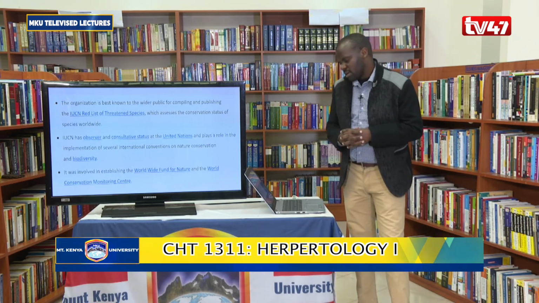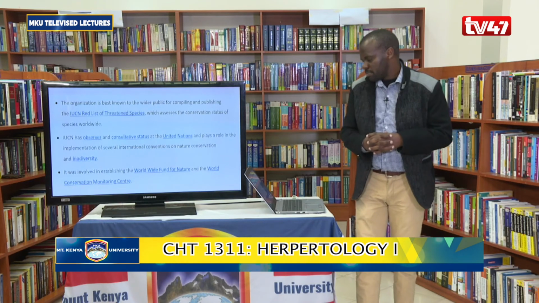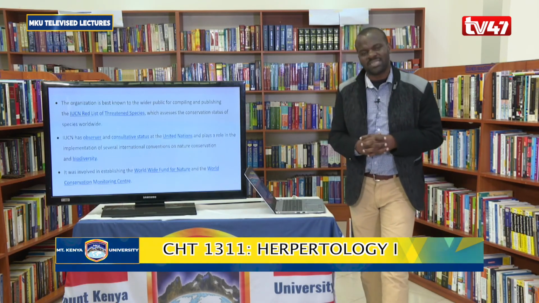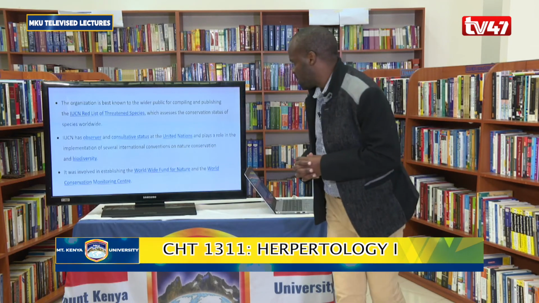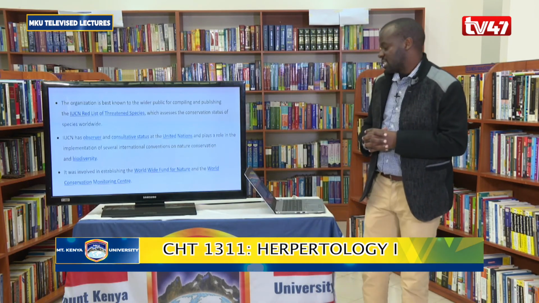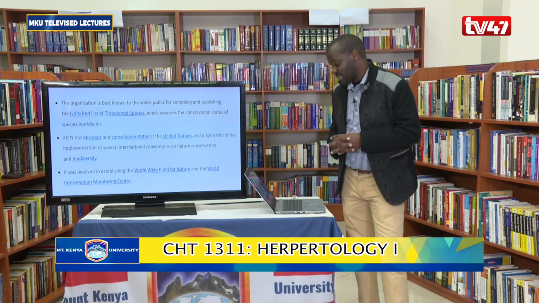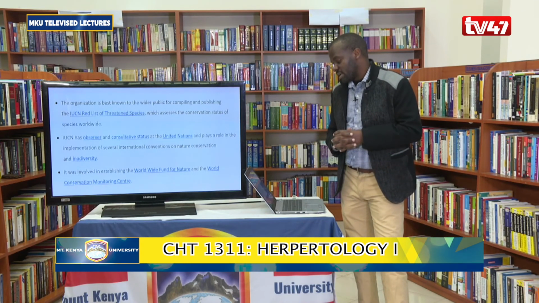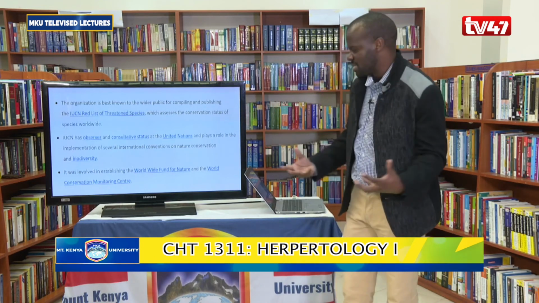And then one aspect about IUCN is that it is also an observer and a consulting agency, especially together with the United Nations, in the areas of implementation of conventions. These are the international agreements.